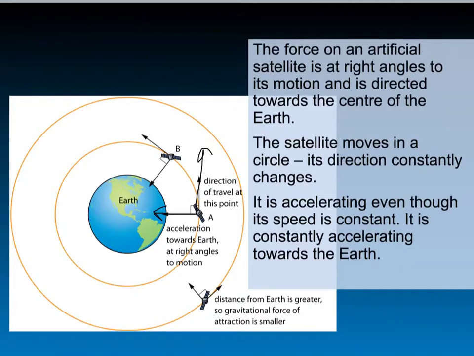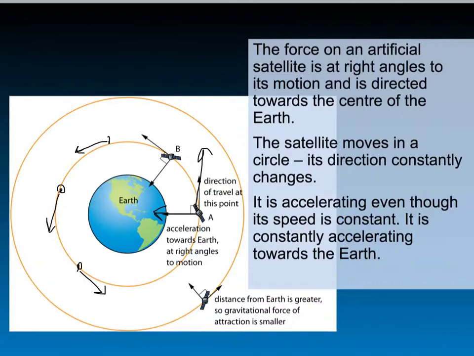As the direction of the satellite is continually changing, its velocity is also changing. So it's accelerating. As we said before, as the satellite's moving around here, its direction is always changing. Its speed can be constant, but because its direction's changed, its velocity's changed.